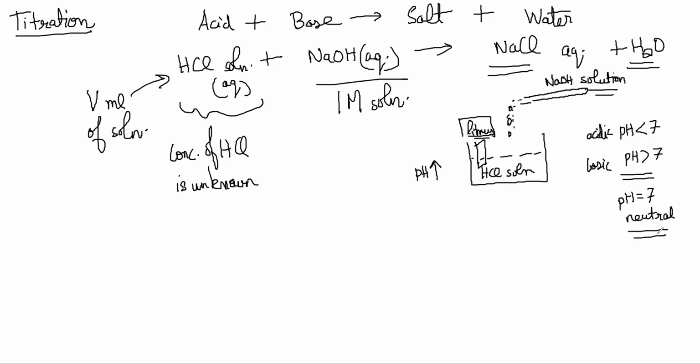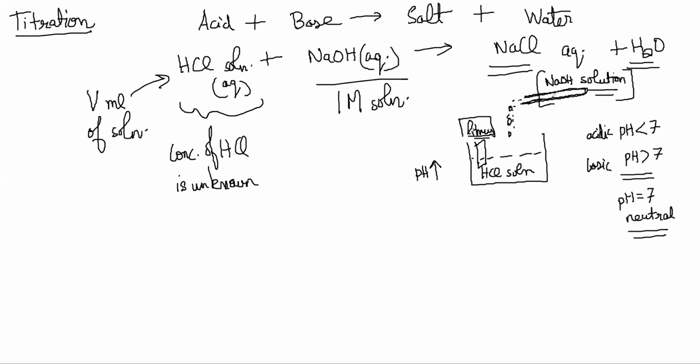Because you know the concentration of NaOH, you exactly know how much NaOH you have added, because that container will have some readings. You can check how much volume you have dropped.